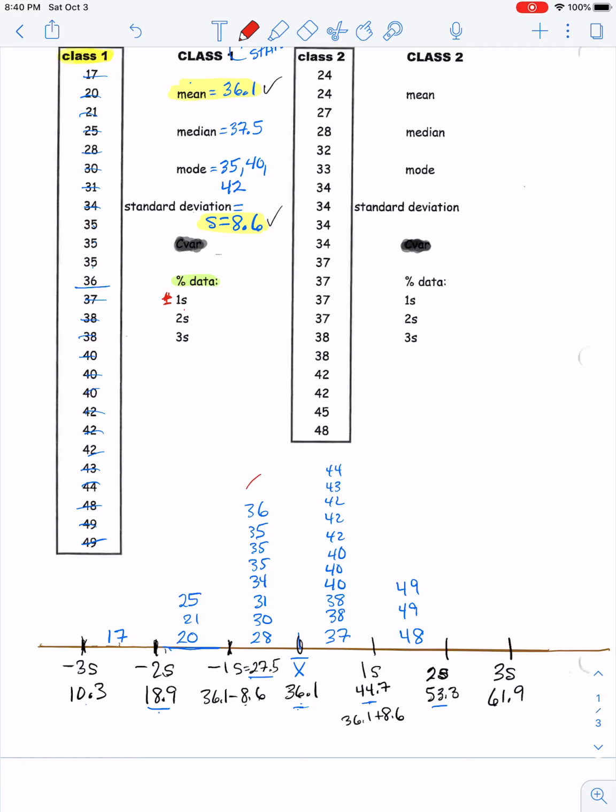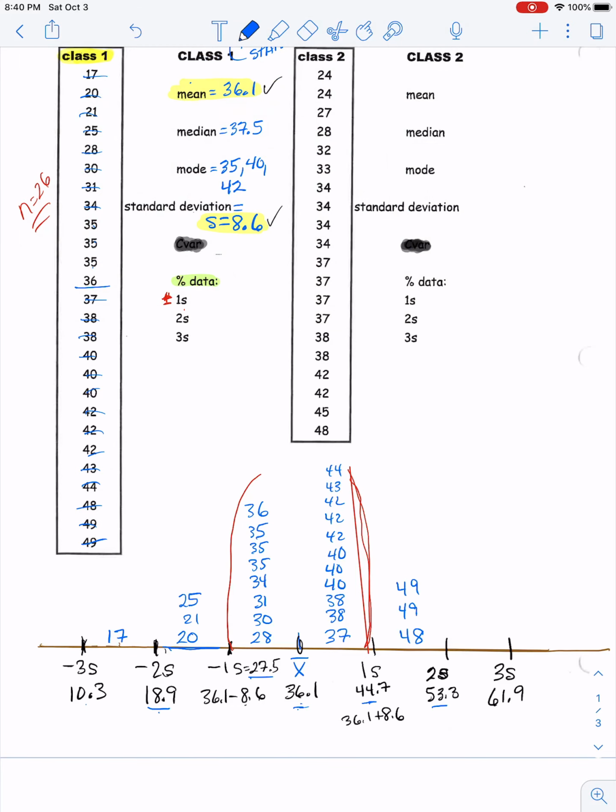So in other words, here's negative 1 deviation, or 1 deviation left. Here's 1 deviation right. How many numbers are in this inside region? So in other words, we're just going to count them. And if you didn't notice, there were 26 data points in this first data set. Okay, so let's go to counting here.